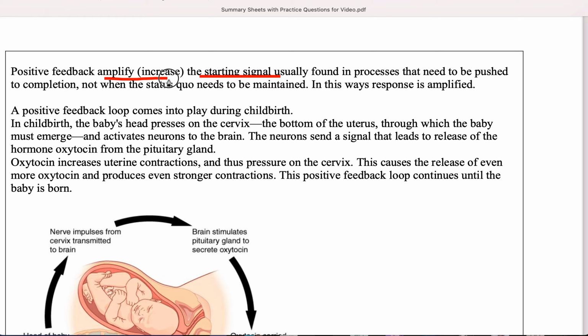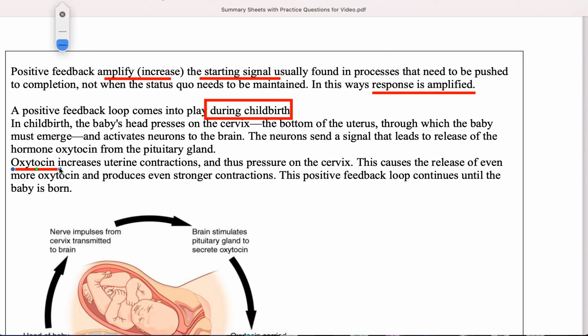The signal amplifies as the reaction goes on. Remember, boys, in positive feedback, the signal amplifies and goes away from the normal point. So in this case, the response is amplified. A positive feedback happens, for example, during childbirth.